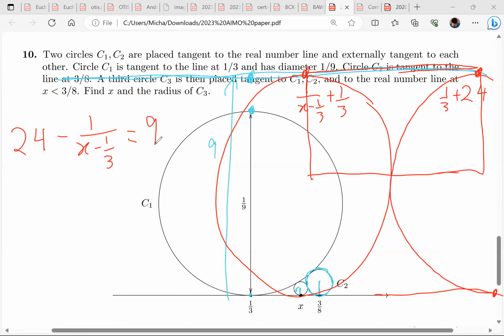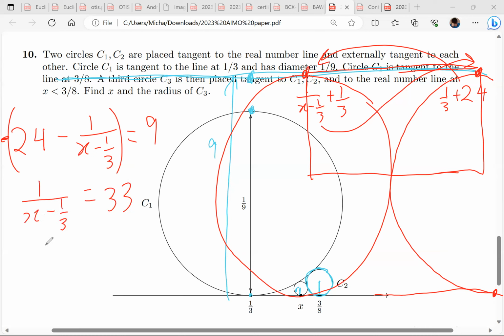So this 24 plus a third is actually over here, that's this point, and the x is on the right, remember I said that. So it's actually the negative of this, equals 9. So that means 1 on x minus a third equals 33, and x minus a third equals 33, x equals a third plus 33.